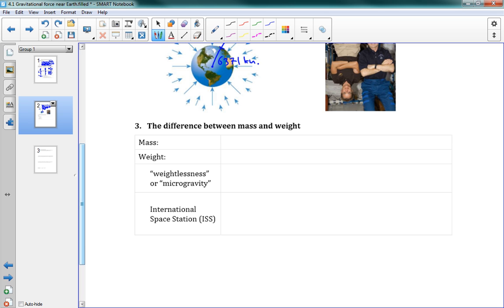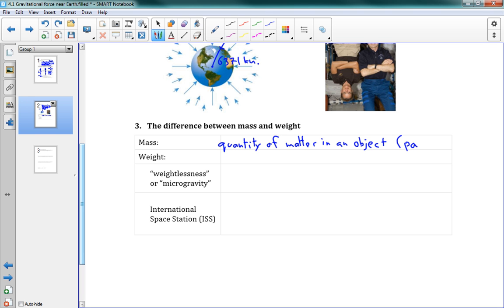Well, to answer that, we need to look at this idea of mass versus weight. So to begin with, mass, this is an important idea here, this distinction here. So mass is the quantity of matter in an object. So related to its actual particles.